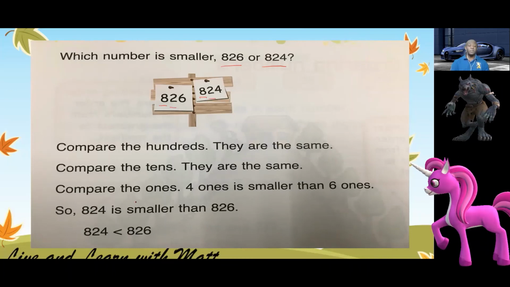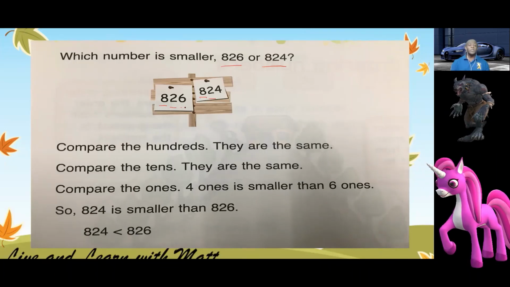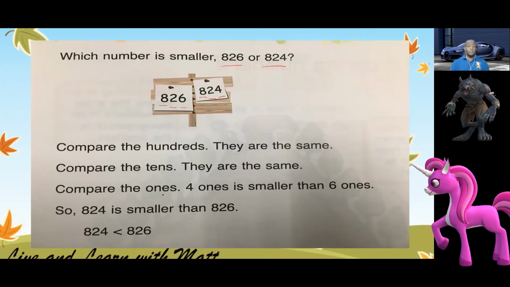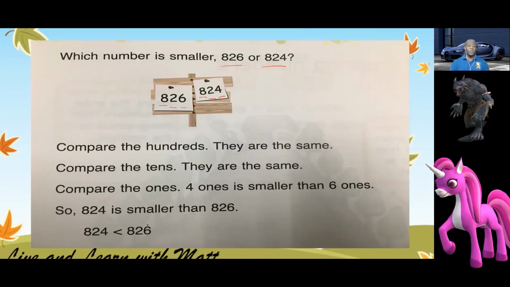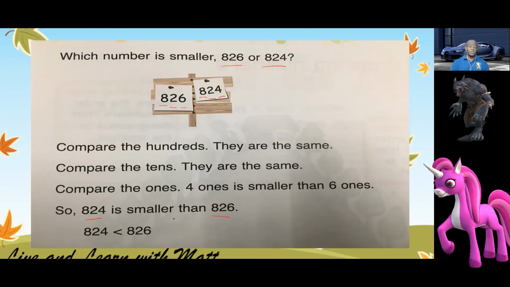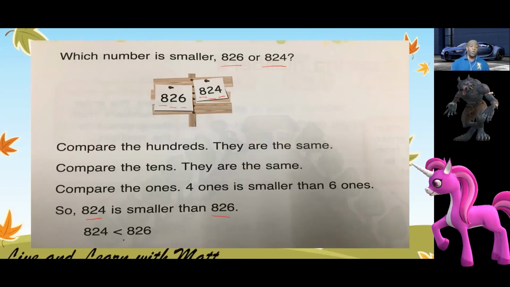They are the same. Now let's compare the ones. We have 6 ones and 4 ones. 4 ones is smaller than 6 ones. So therefore 824 is smaller than 826. We write it in this form: 824 is smaller than or less than 826.